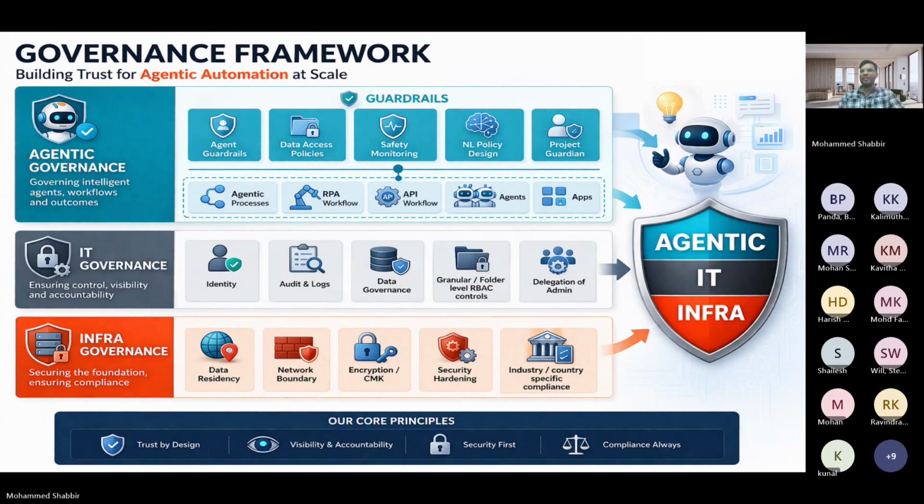Okay. So next comes your NL policy design. NL means natural language policy design. Here is the place where we make sure that whatever prompt we are giving, and whatever answer the AI is giving you, so basically the interaction, this communication follows the governance rules.